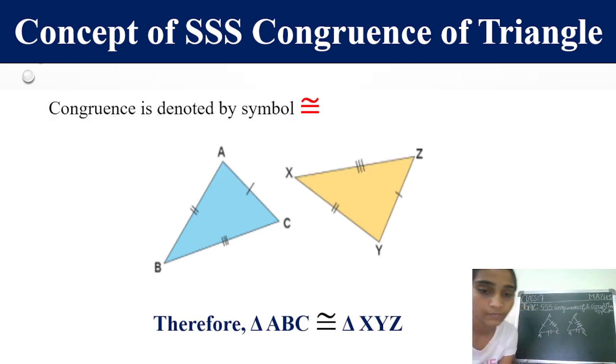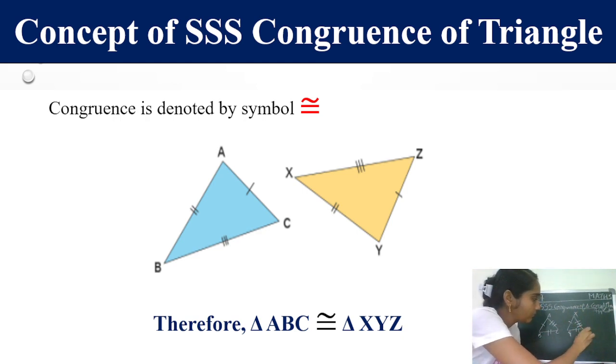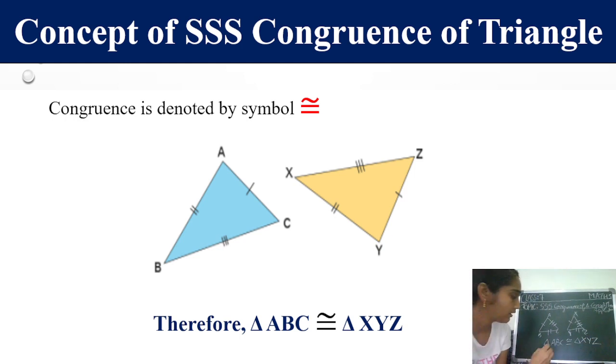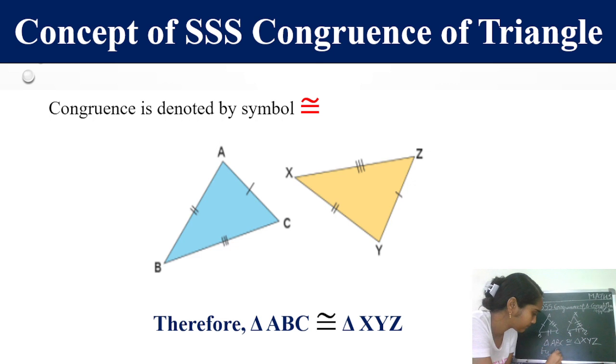Okay, so let us take it as XYZ. So we are saying that triangle ABC is congruent to triangle XYZ by SSS congruency of triangles.